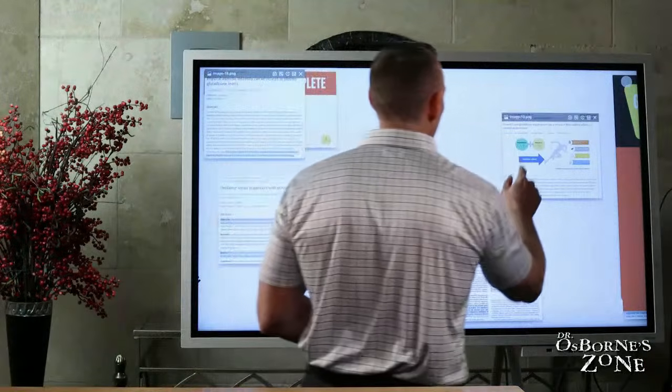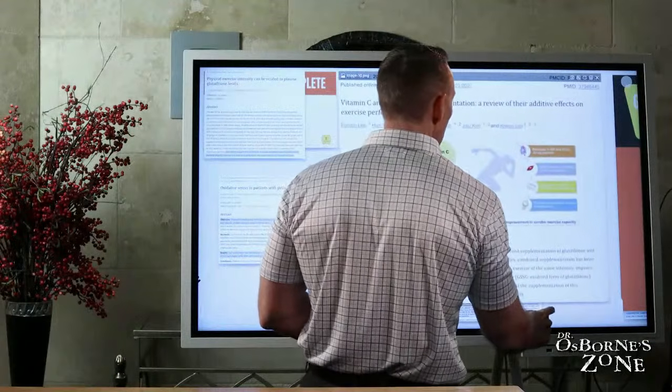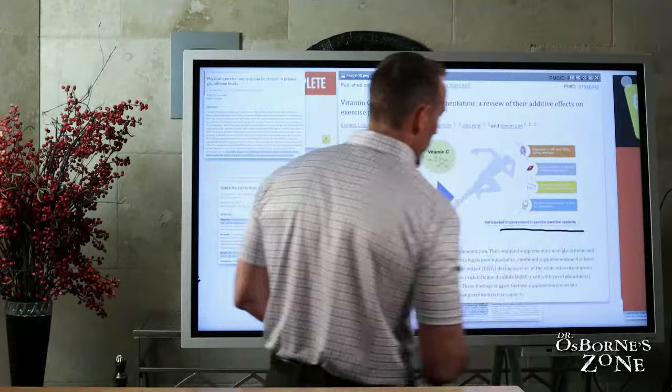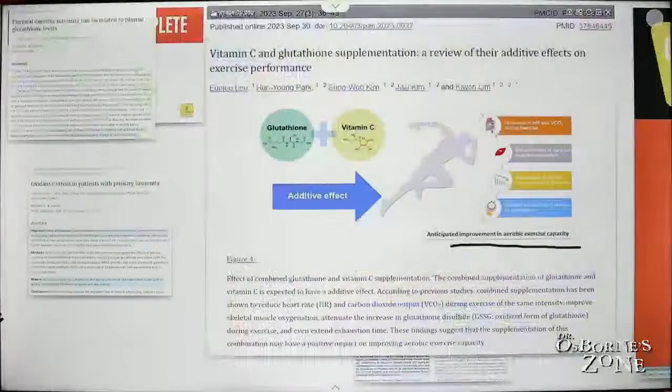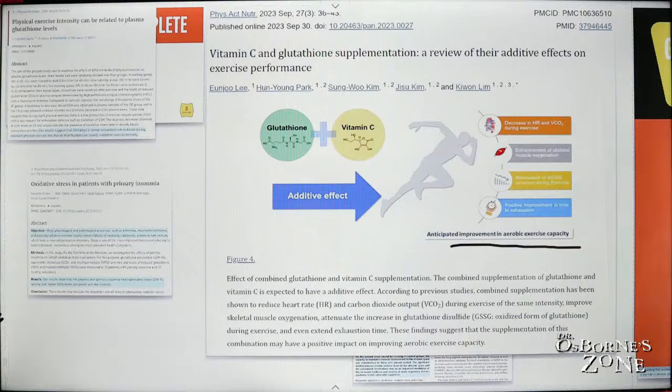Now, there are other studies that show that when athletes take glutathione, you can see here improvements in aerobic exercise capacity. So this is especially true when you combine glutathione with vitamin C. You get a decreased heart rate, and you get improvement of VO2 max.